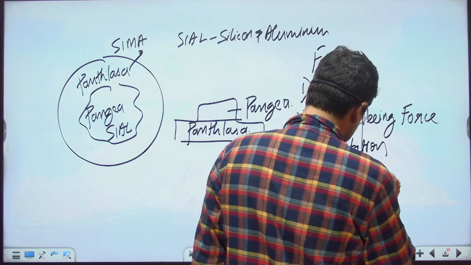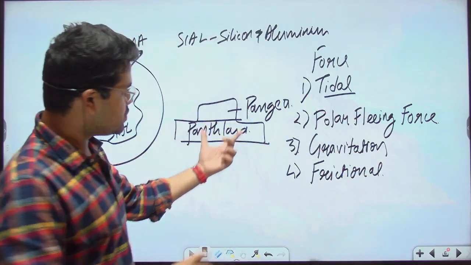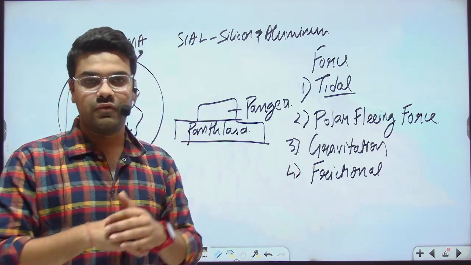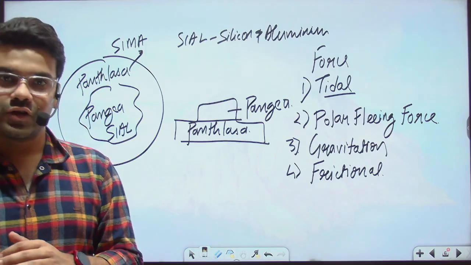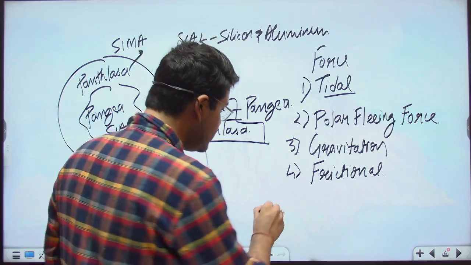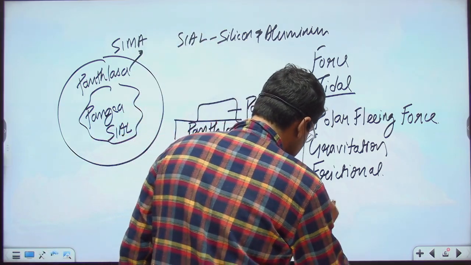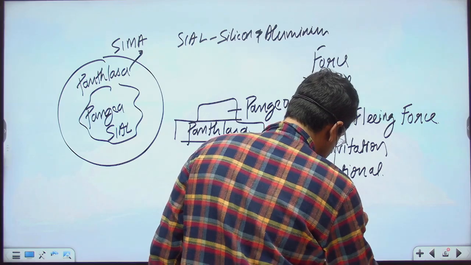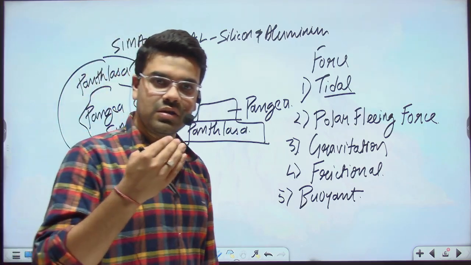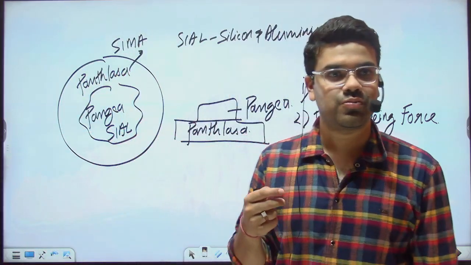He said that since Pangaea is floating over the Panthalassa, there is friction between the two. So these are the prominent forces, and the fifth force that he considered was the buoyant force. Now, what is buoyant force? We have studied in ninth class NCERT the Archimedes principle.